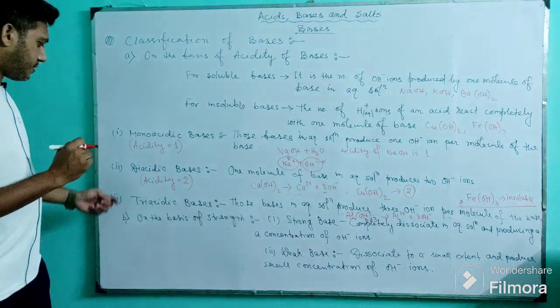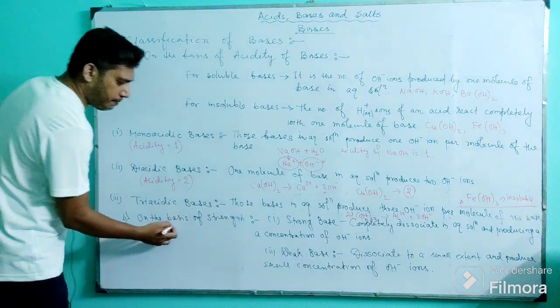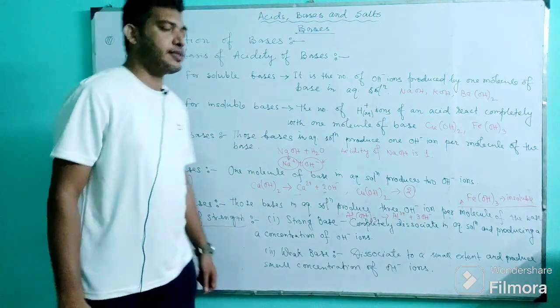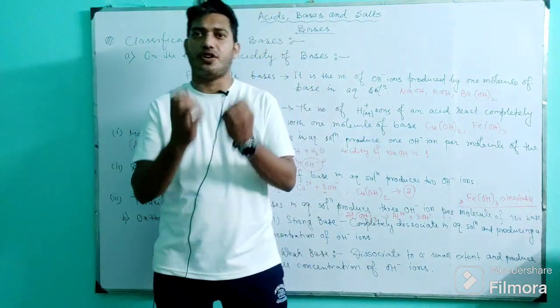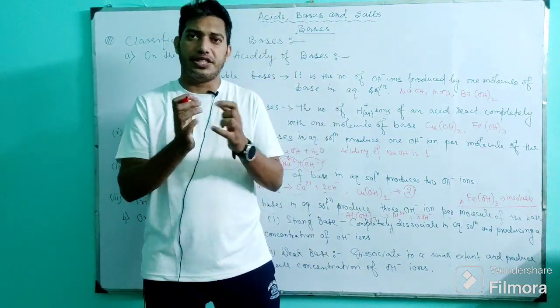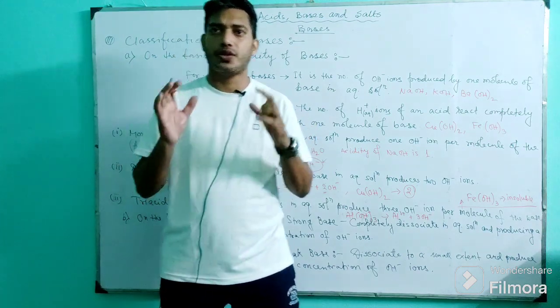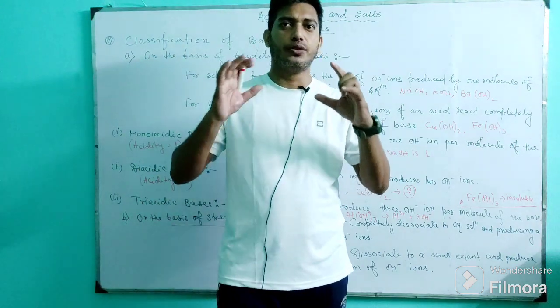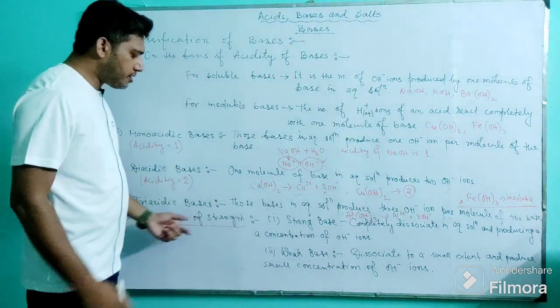Hope you understood this. Now the second category is on the basis of strength. On the basis of strength means when the bases are dissolved in water, they dissociate and form OH minus ions.